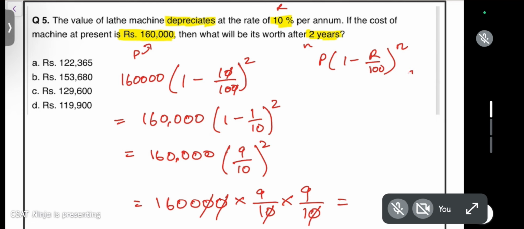So 81 into how much? 16. 6 1s are 6, 6 8s are 48, and 81. We are getting 1296. And how many zeros left? 1, 2 left. So we are getting our option as option number C, which is the correct answer.